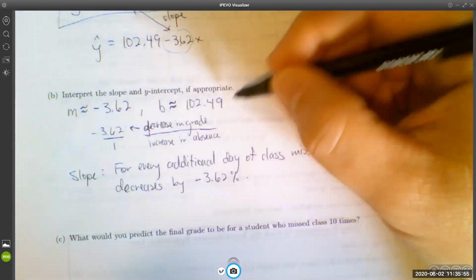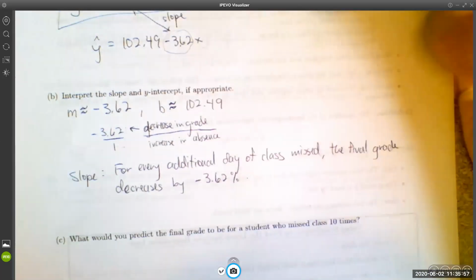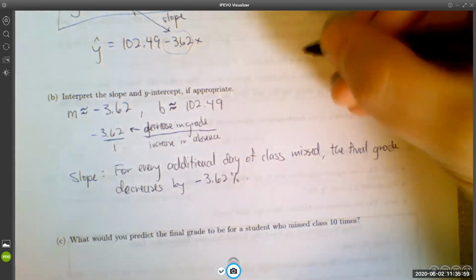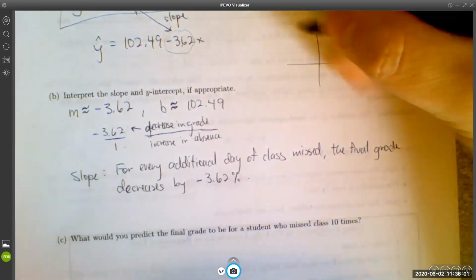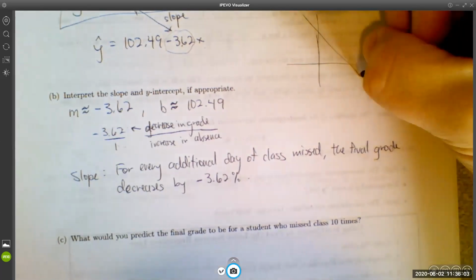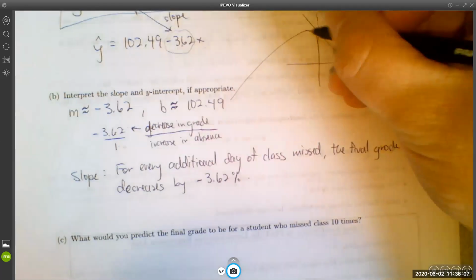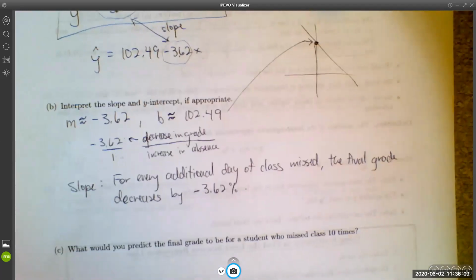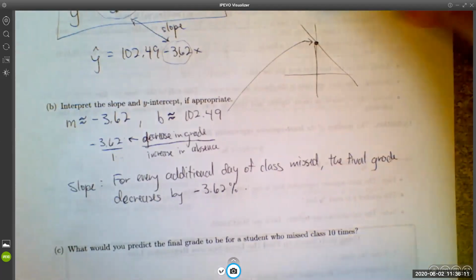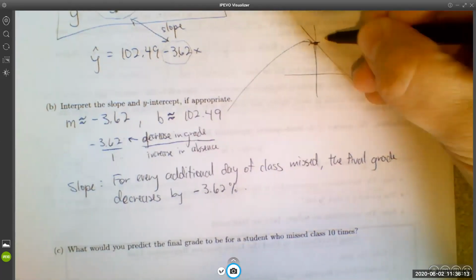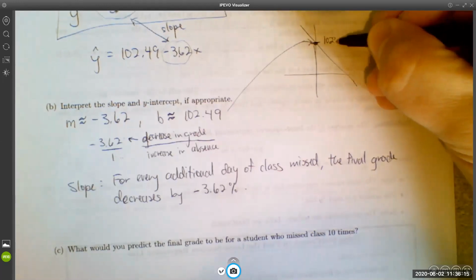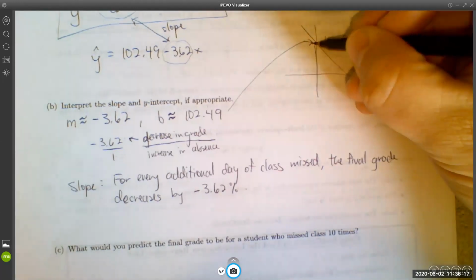The y-intercept, 102.49. Now, the y-intercept is where the graph crosses the y-axis. So our graph might look something like this. That point right there, we're saying is 102.49. That's the y value. What's the corresponding x value?